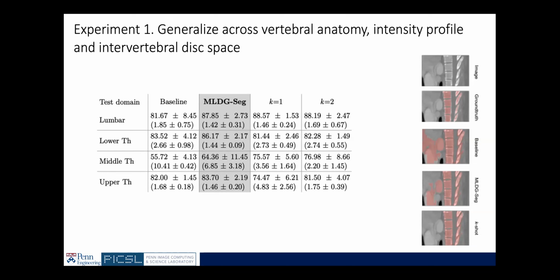So a segmentation network which is just trained on the upper part of the body, can it generalize to the vertebrae of the lower part of the body, right? So we can do it in repeated fashion where I take vertebrae from the upper part of the body, train a network on that, and then without having any knowledge, take that network and segment on the lower part of the body. So we divided it into different profiles, and you can try to generalize.